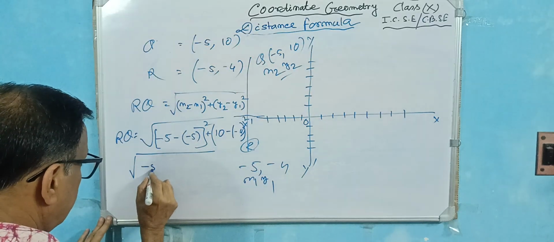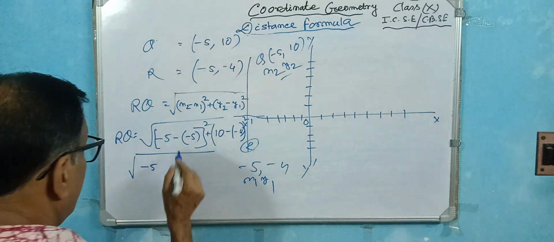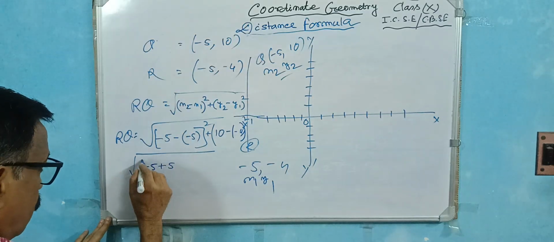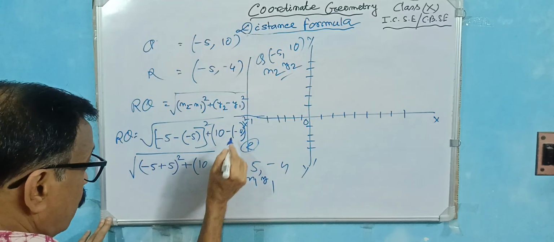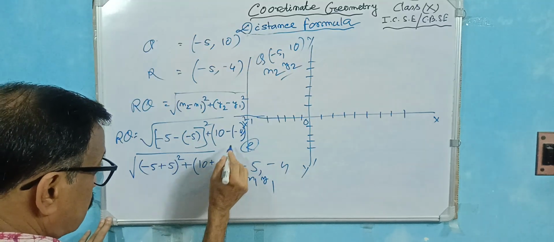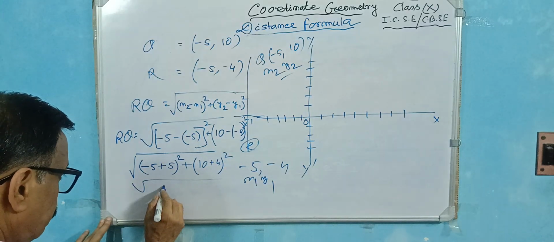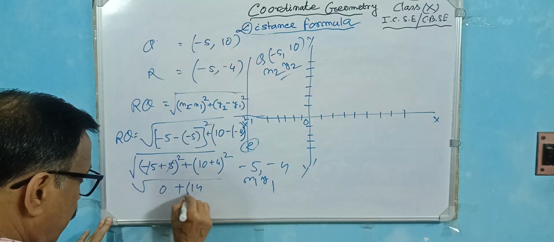This is minus, minus minus plus, okay, whole square, and now this is plus 10, minus minus plus 4 squared. So in that part this is 0, and this is 14 squared.